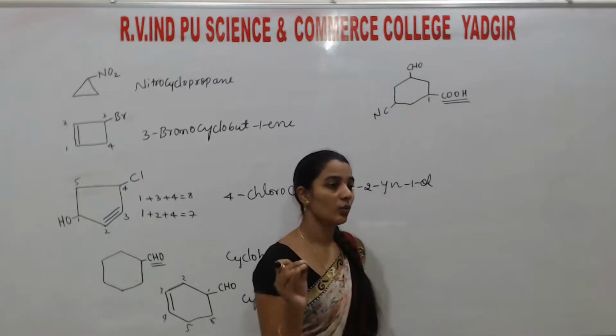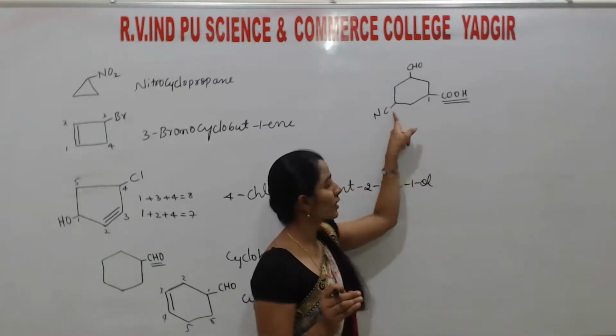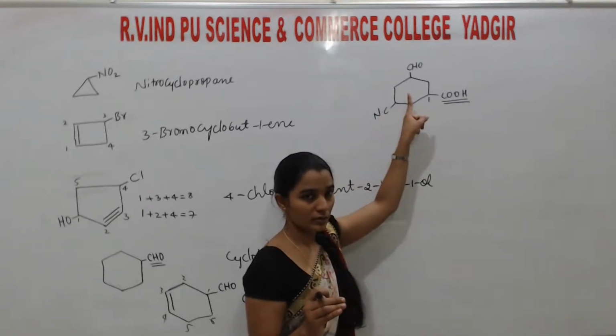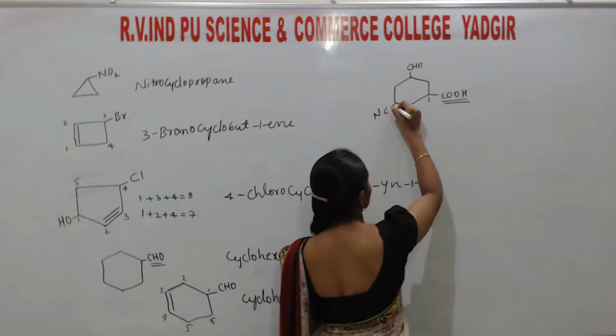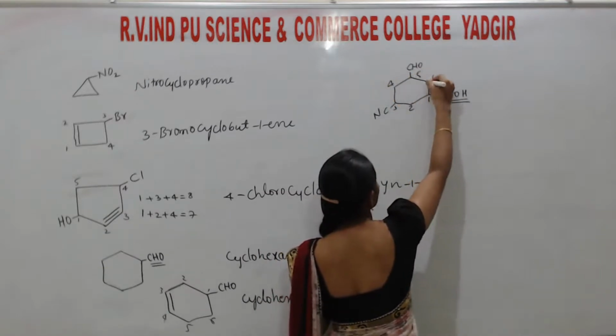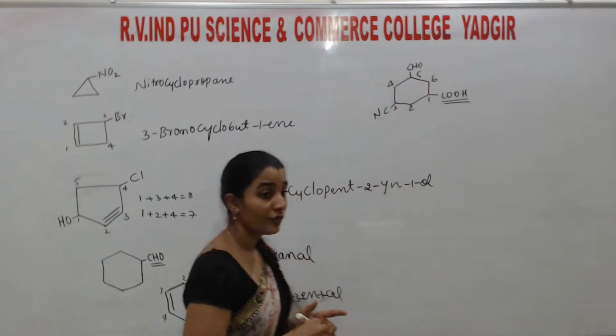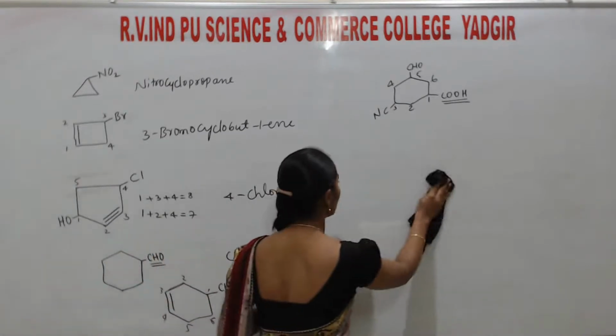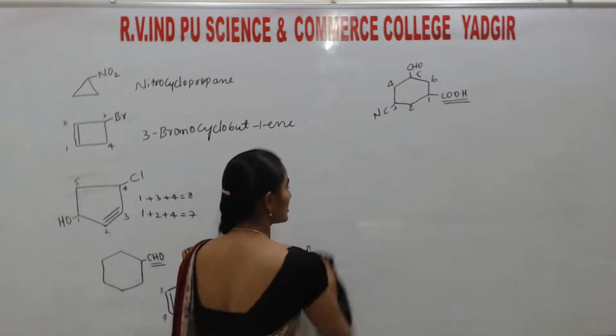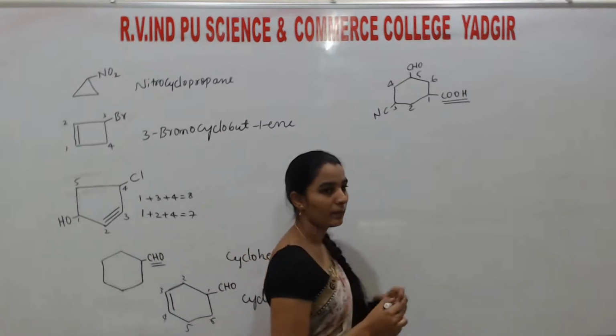That is cyano. Then also, this is the correct way of numbering, in clockwise, 1, 2, 3, 4, 5, 6. Are you getting? If you have any doubt, you won't understand anything. The numbering, the naming and the selection of the parent chain are the main things in nomenclature.